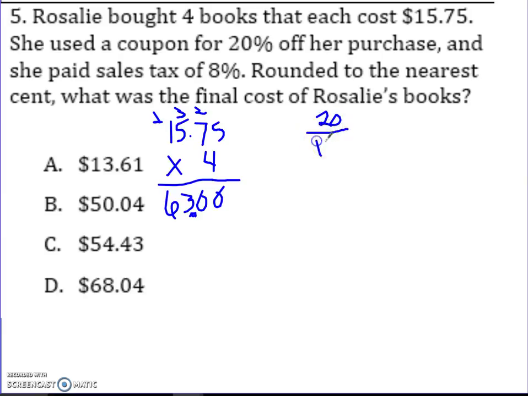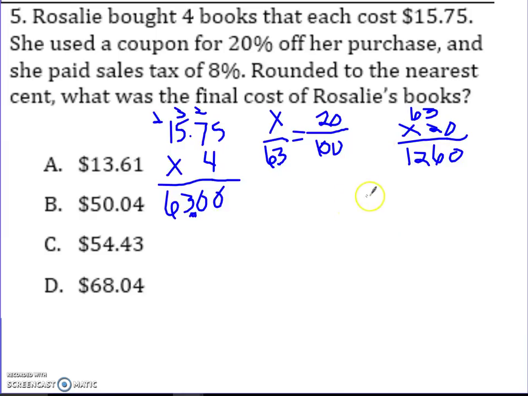So we're going to do 20% off. So set up a proportion. 20 over 100 equals x over 63. So 63 times 20. Drop down the 0. 2 times 3 is 6. 2 times 6 is 12. So we have 1,260. And we are going to divide that by 100.